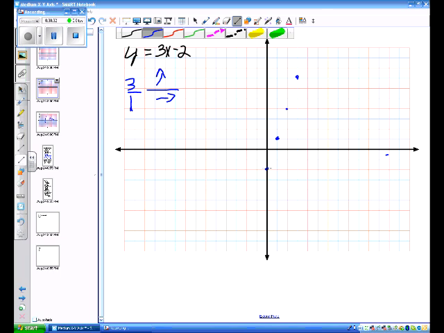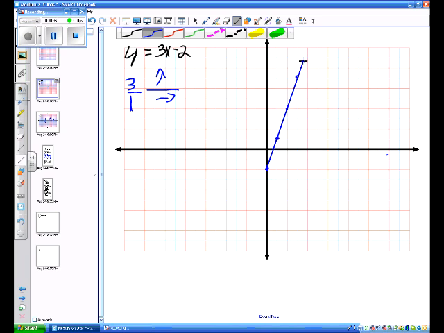And so it's going to go through all of those points, and it is a line, and so it keeps on going forever. And so we would have then our line, and all of the line represents all of the points that would make that equation true.